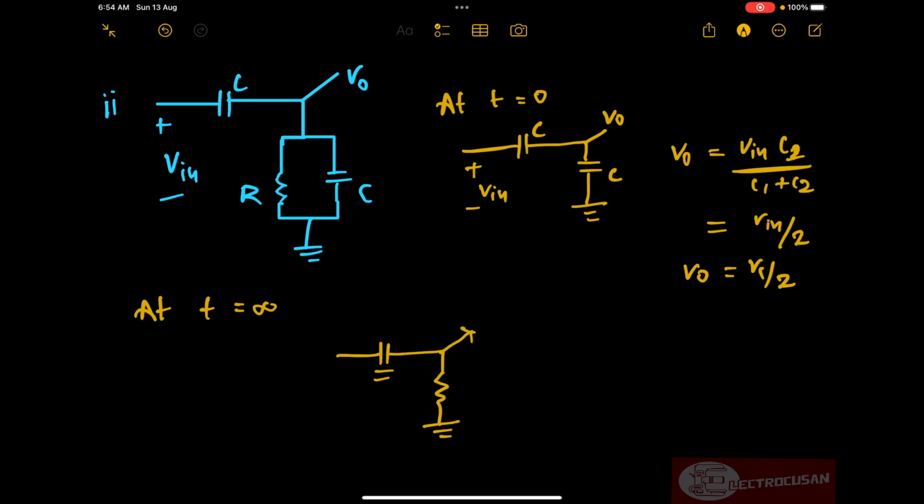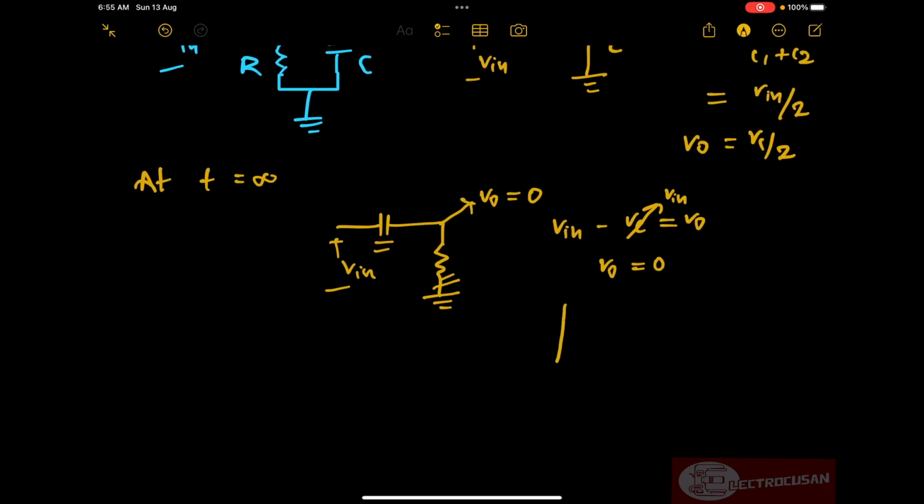The voltage across the resistance is 0, right? Because by applying KVL here, Vin minus Vc is equal to V out. Vc becomes Vin as it gets charged through the resistance here. So V out is equal to 0 in this case.